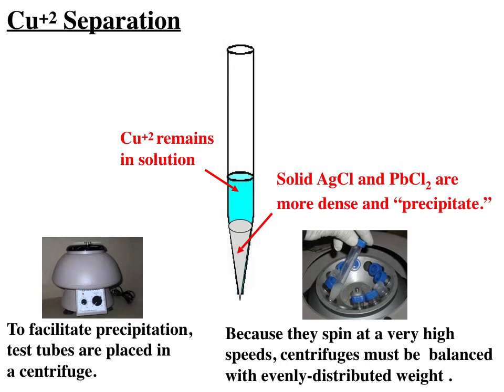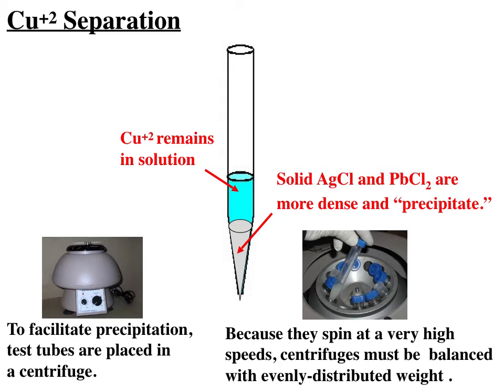In spinning them, we force the solid, more dense material to gather with gravitational pull into the bottom of our centrifuge tube to ensure that it all gathers in that base.